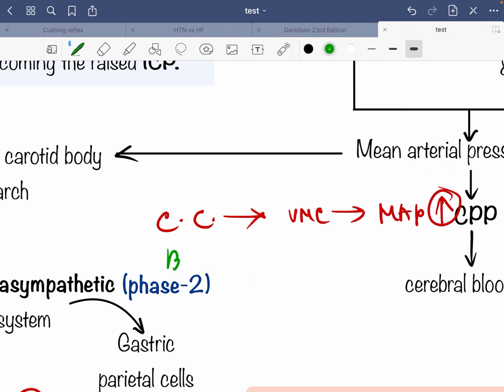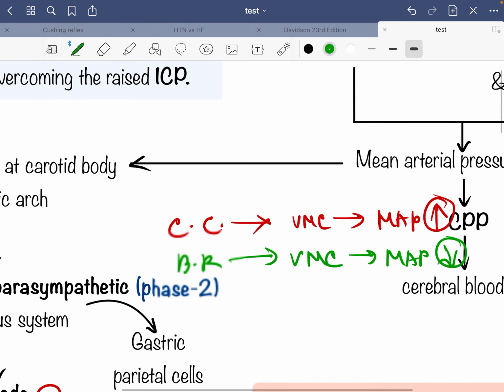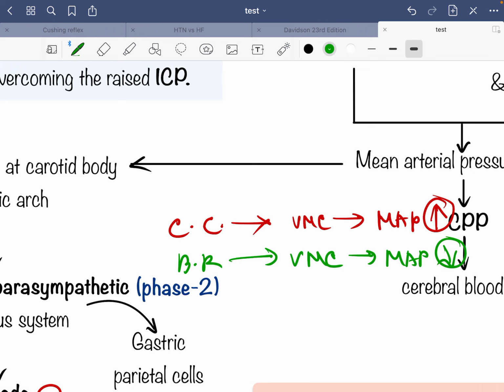But on the other hand, the baroreceptor sends signals to the vasomotor center to decrease the mean arterial pressure. So the vasomotor center is in a dilemma: what will I do? One is calling me to increase the mean arterial pressure, another one is requesting me to decrease it. So what should I do?